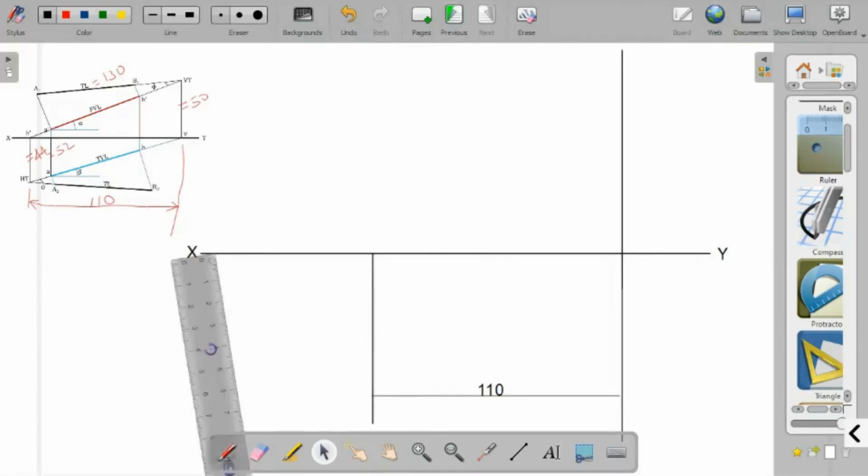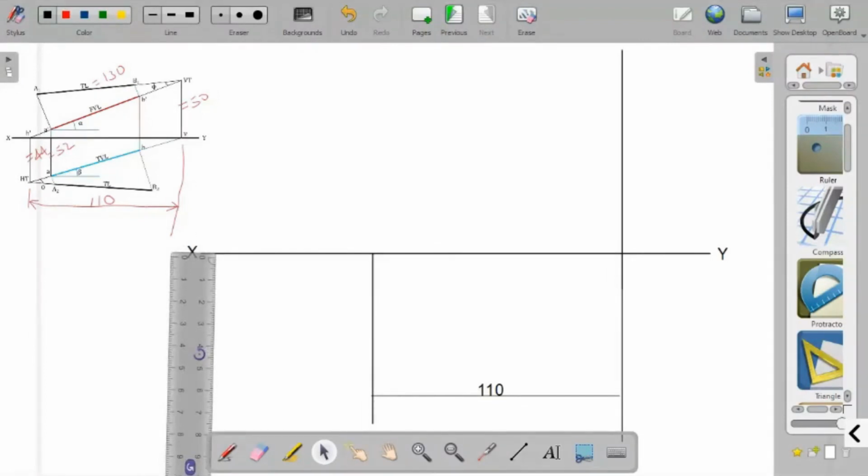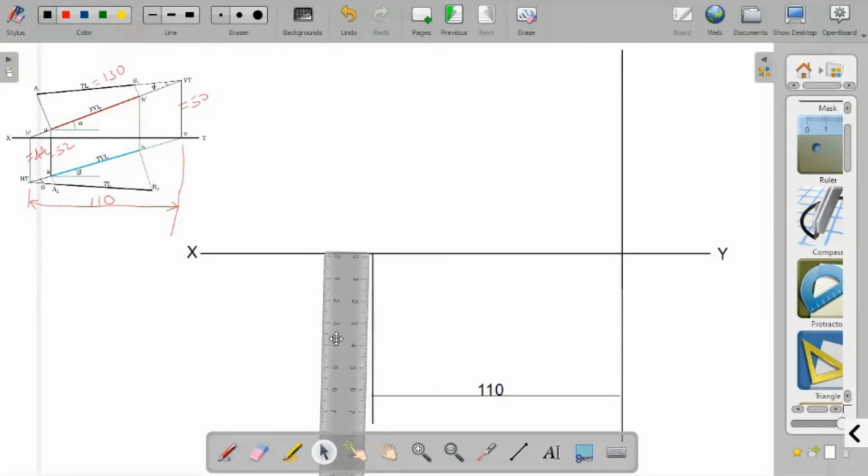HT is 44 millimeter below the XY. Then VT is 50 millimeter.